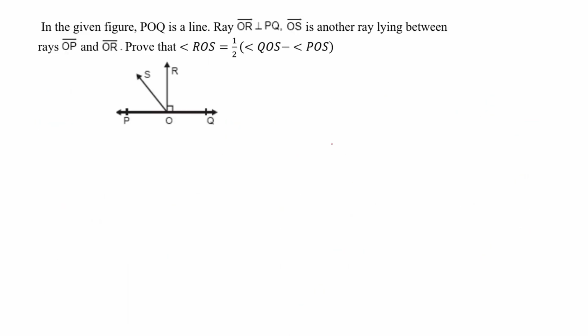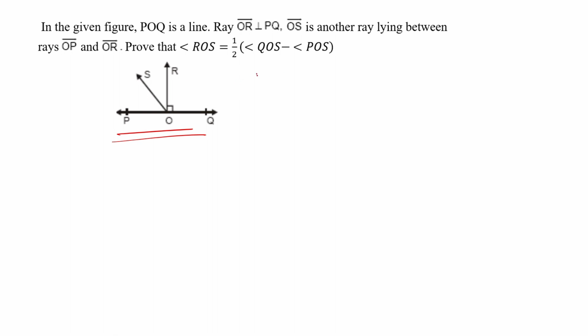Now, last question. In the given figure, POQ is a line. Ray OR is perpendicular to PQ. OS is another ray lying between rays OP and OR. Prove that angle ROS is equal to 1 by 2 of QOS minus POS. Let's take the information.